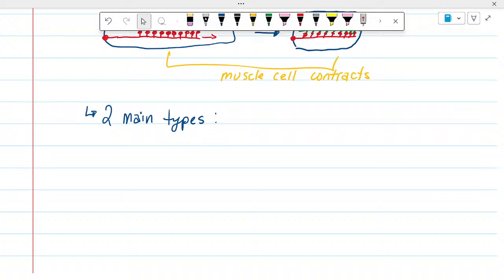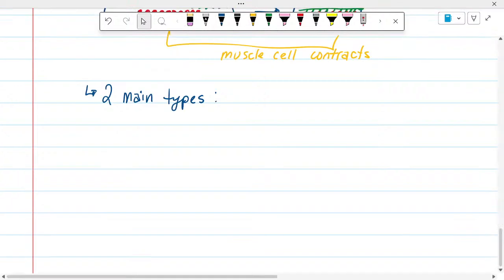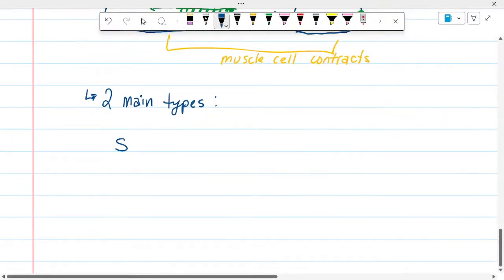What do we call your bones all together? Skeleton. So we call these muscles skeletal. Okay, so the first one would be skeletal muscles. And the second type, does anyone know? Where else do you find muscles in your body?